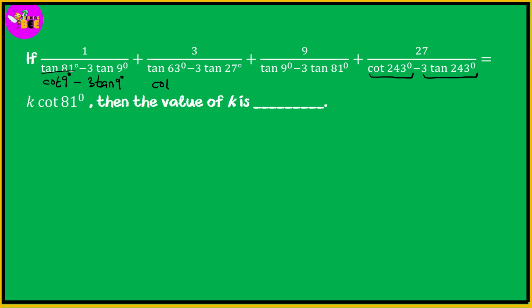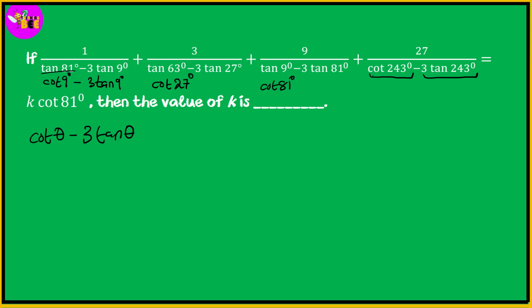Similarly, tan 63 can be written as cot 27 degrees and tan 9 degrees can be written as cot 81 degrees. So, all of these will be in the form cot theta minus 3 tan theta. That is what you have to find out.